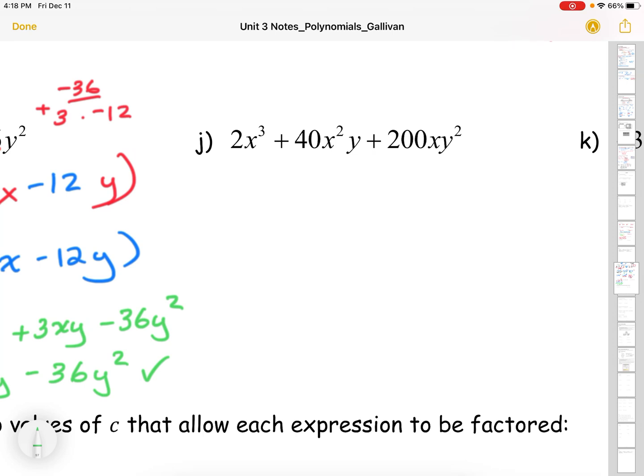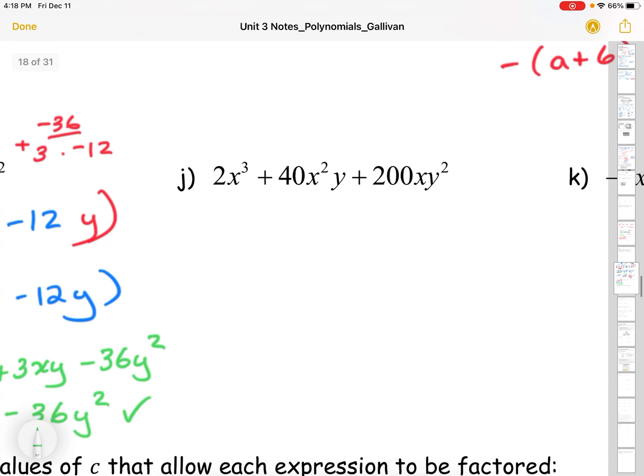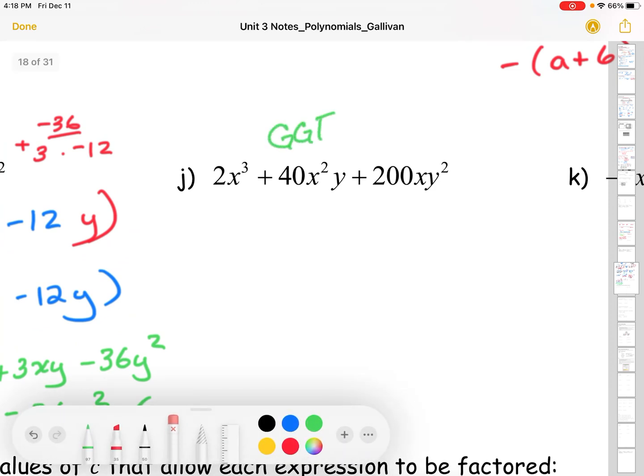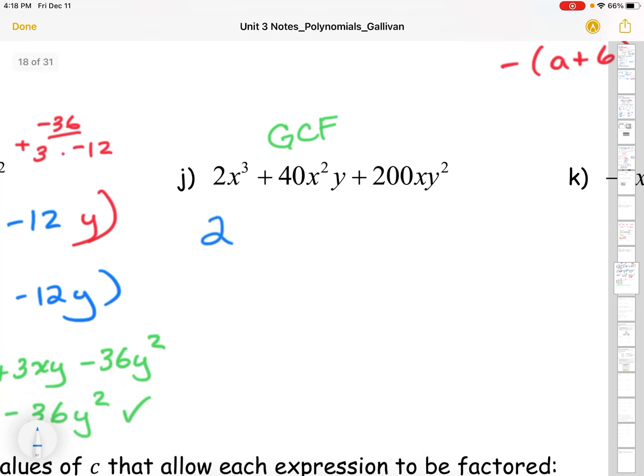Now I'm looking at this and you're going, Miss, there's a lot going on in there. And yes, there is. But we can clear it up a bit by taking out, oh, what is a GGF? It's a GCF, right? The greatest common factor. So let's look at what our greatest common factor would be. Well, definitely a 2, and an x in each term.